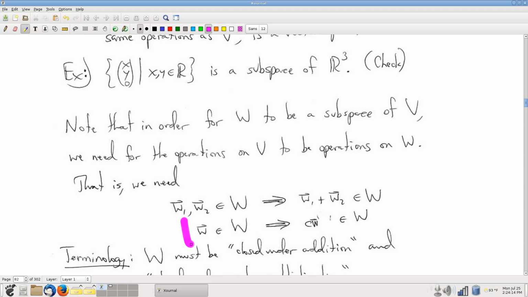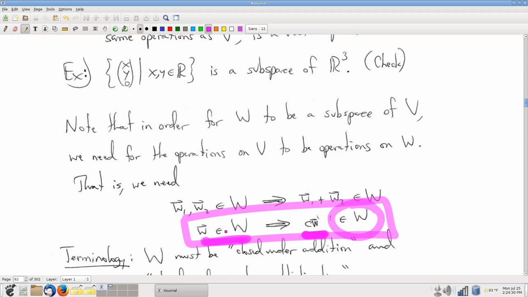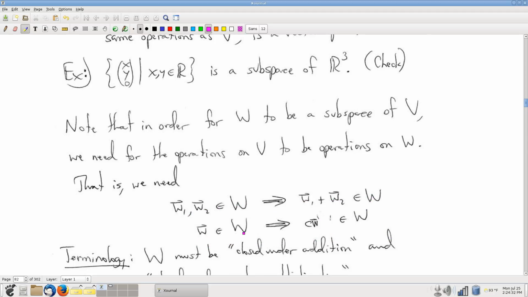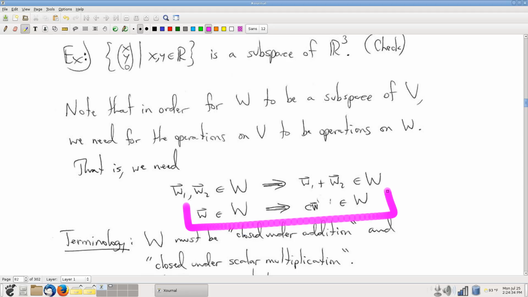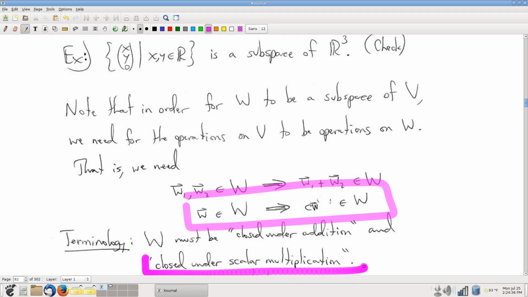Okay. Similarly with scalar vector multiplication. If you have a vector in W, we need to have a scalar vector multiplication, and that product had better also be in W. Analogously, we say that a set that has this property is closed under scalar multiplication.